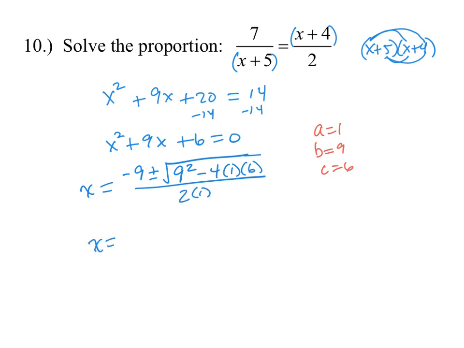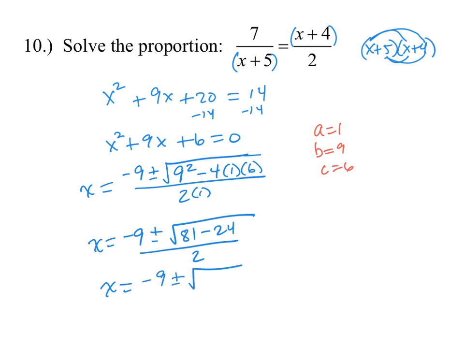And then simplifying just a little bit, that would be negative 9 plus or minus the square root of 81, 9 squared is 81, minus 24 all over 2. And then we can simplify a little bit more. That would be negative 9 plus or minus the square root of, let's see, 81 minus 24 is 57 all over 2.